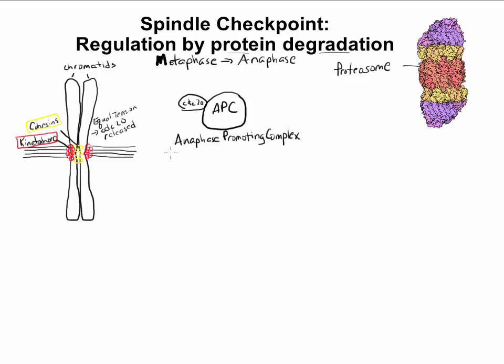Anaphase promoting complex is an enzyme, and the type of enzyme that it is, is something called a ubiquitin ligase enzyme. Ubiquitin is a small molecule that can be added on to proteins through ligase activity of different enzymes. So anaphase promoting complex is just one of many ubiquitin ligases in the cell.